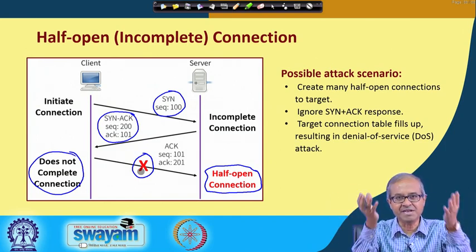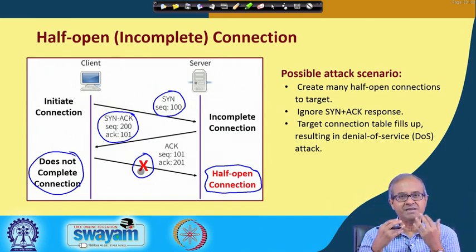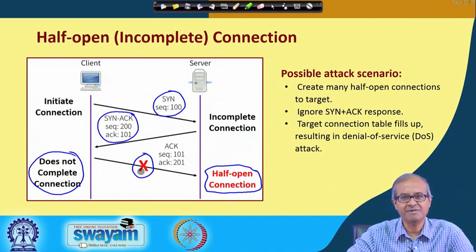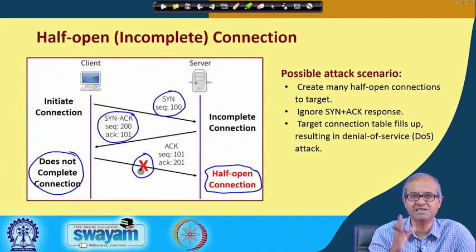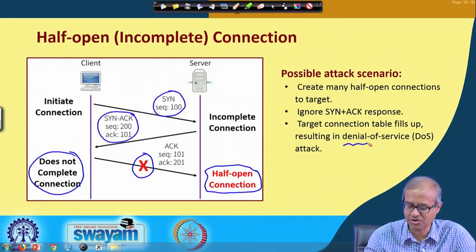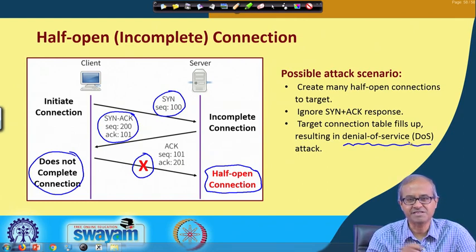The size of the table will slowly get filled up, that means connection requests have come but not yet been fulfilled. Finally, the table will be full, as there is a finite size of the table. So, all future connections will be denied, because there is no space to keep records in the table. Even the legitimate connections will get denied. This is what is called a denial of service attack. This was one of the simpler ways to mount denial of service attacks based on the TCP protocol, right.